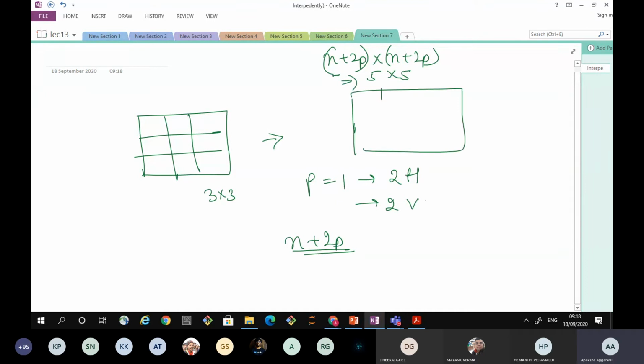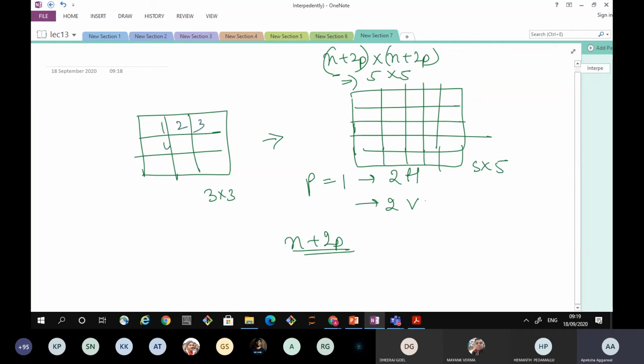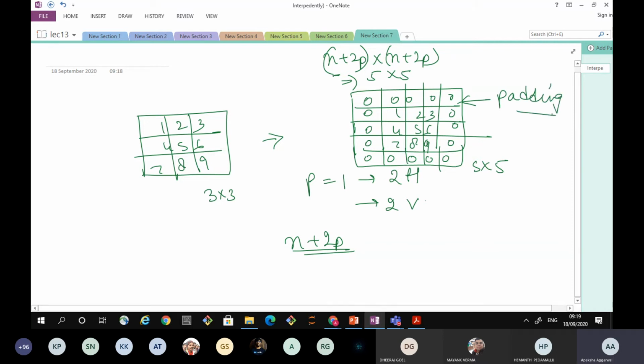So my new image would be 1 2 3 4 5, 1 2 3 4 5. This is 5 cross 5. Now the original image was 1 2 3 4 5 6 7 8 9, let's say, and this is 0 0 0 0 0. This is what my padding looks like.